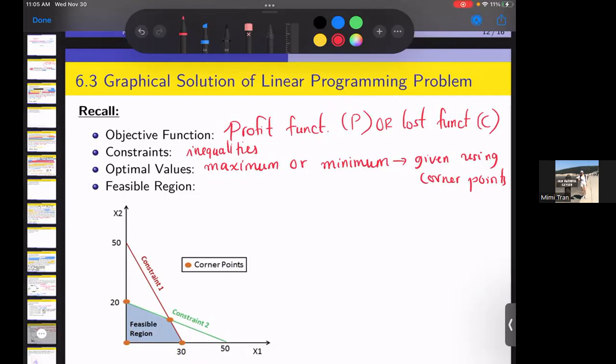The feasible region is the intersection between two or more inequalities. Kind of like problem 9 on your exam. That's your feasible region. In the book, I think they denote it S, and I'm going to stick with S. If you read some other book, they denote it R. It's the same thing. So far, so good. Those are the terminology. If I say feasible region, you should know what I'm talking about.